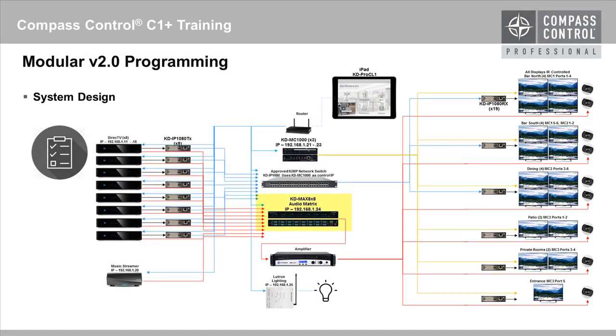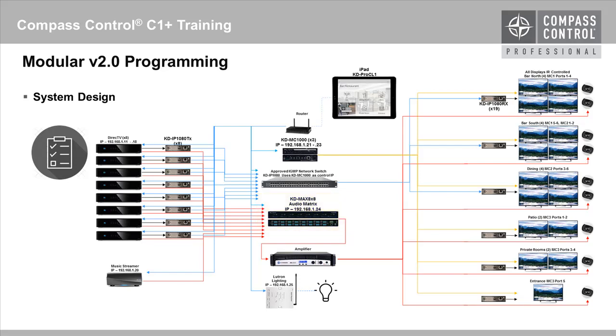We'll have our audio matrix, so you can send an audio source from one of the video sources or the music streamer into a zone. It's a matrix, not a DSP, but that's the part we'll use, the KDMAX 8x8 here.